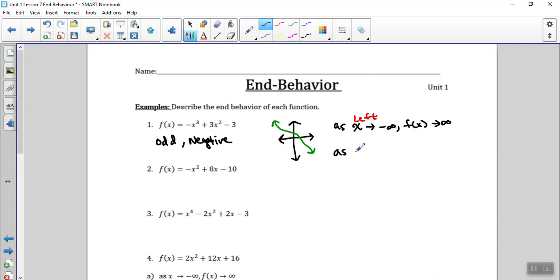And then as x approaches positive infinity, that means on my right side, what is my f of x doing? It's going to negative infinity. On the right side of my graph, it's going down. So we say negative infinity.